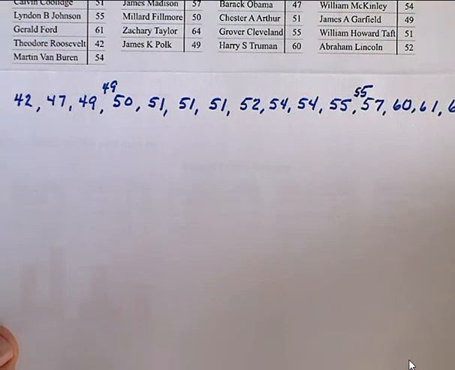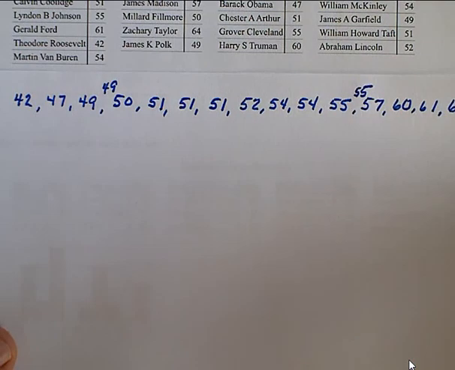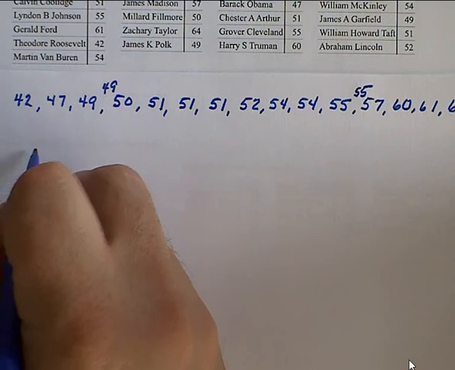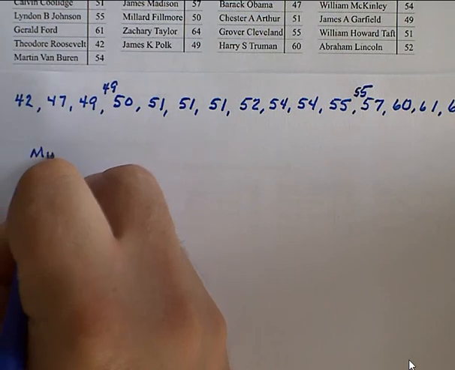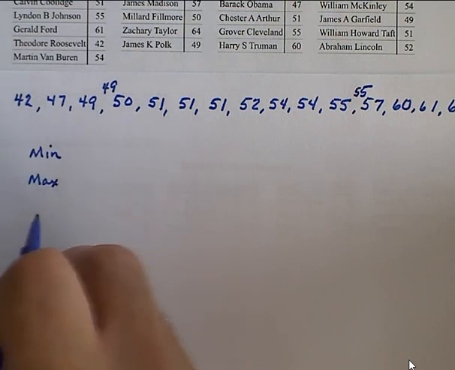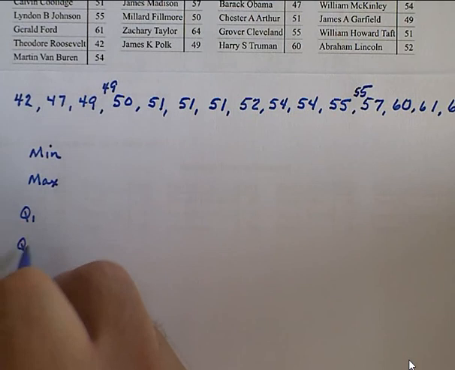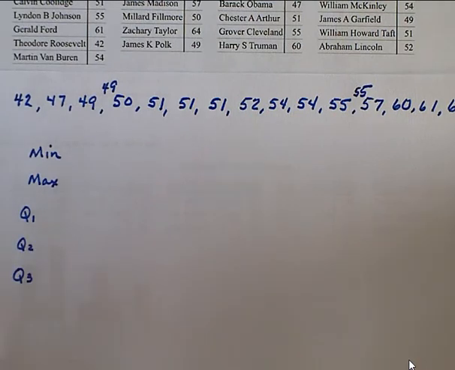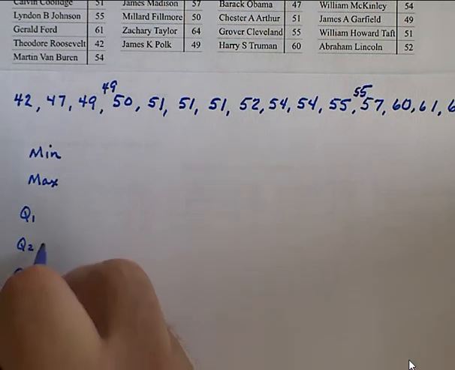There are my numbers. Okay, so to do a box and whiskers, I need a minimum, a maximum. I need Q1, Q2, and Q3. Now, Q1, Q2, and Q3 are the quartile scores. The Q2, we also call that the median.